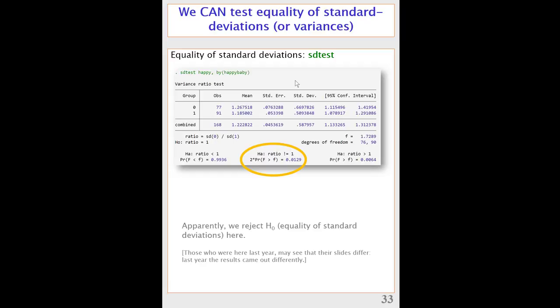However, if somebody forces you to do it, then it's possible, because there is also a test for the equality of variances. It's called sdtest, for standard deviation. Standard deviation is the square root of the variance. So that will work like this, as the test of that happy variable by happy baby. What you get here is a comparison between these two groups, as we had it before, and you get a number over there.